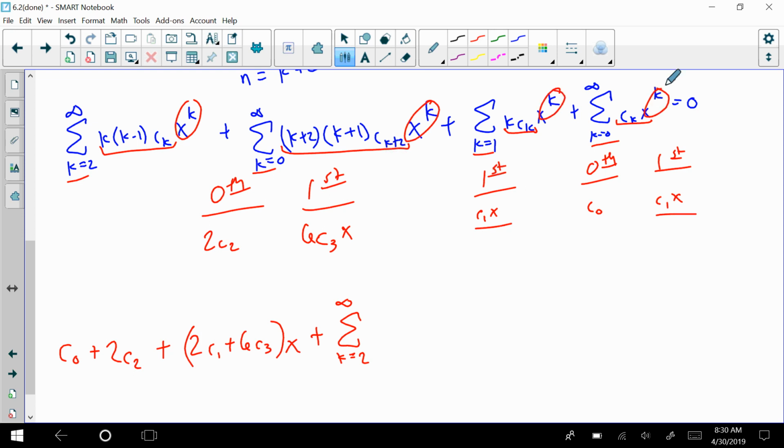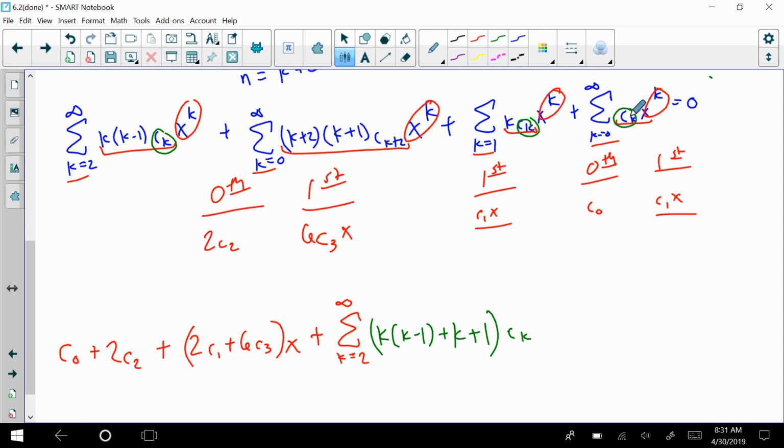So as I'm setting this up, I see an x to the k here. Let me get a different color, maybe this will help. I see this one has a c sub k, and a c sub k here. I also see this one has a c sub k. So maybe it'd be wise to put those all together. So I have a k times k minus 1, plus a k, plus, well, there's only a 1 sitting here. Then that's all times c sub k.